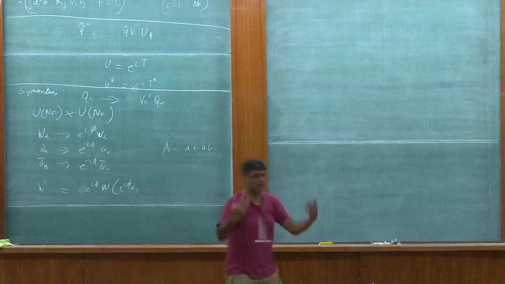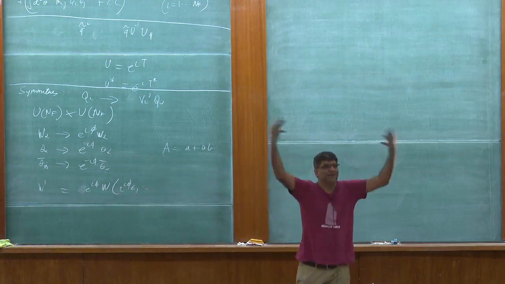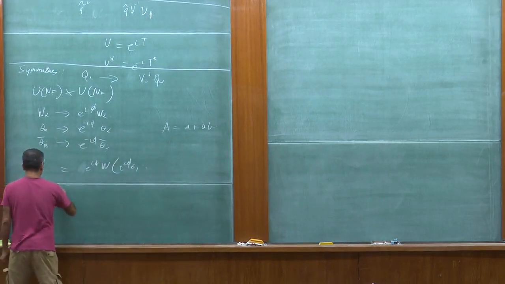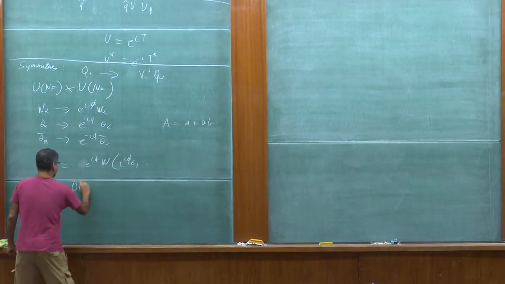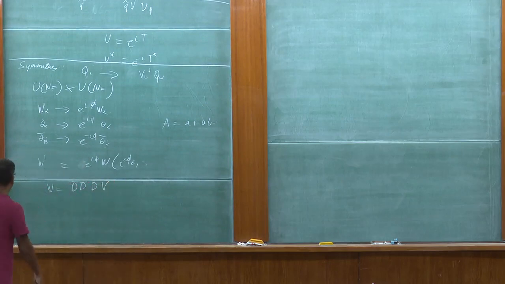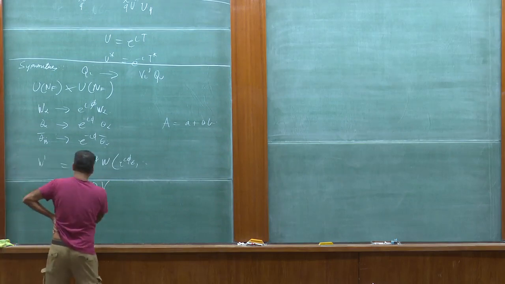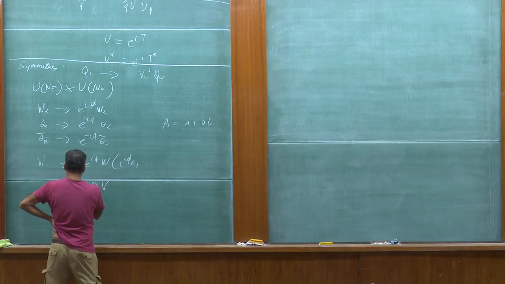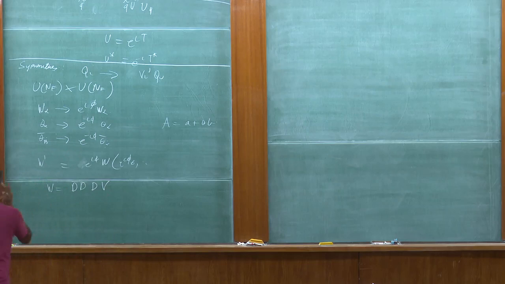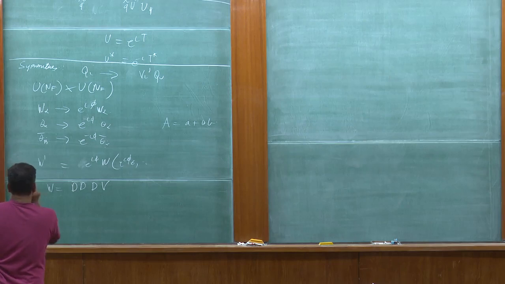I've said how W has changed, but W was built out of V. Now W was D bar D bar D of V. Okay, so this guy. Now have I got it right? Just a minute. Perfect.